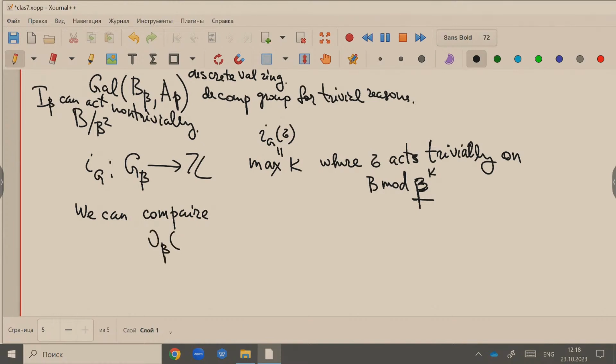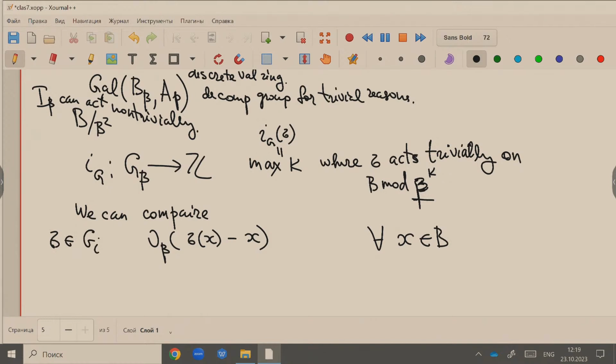of sigma x minus x for any element, for any x inside beta, where sigma belongs to GI.